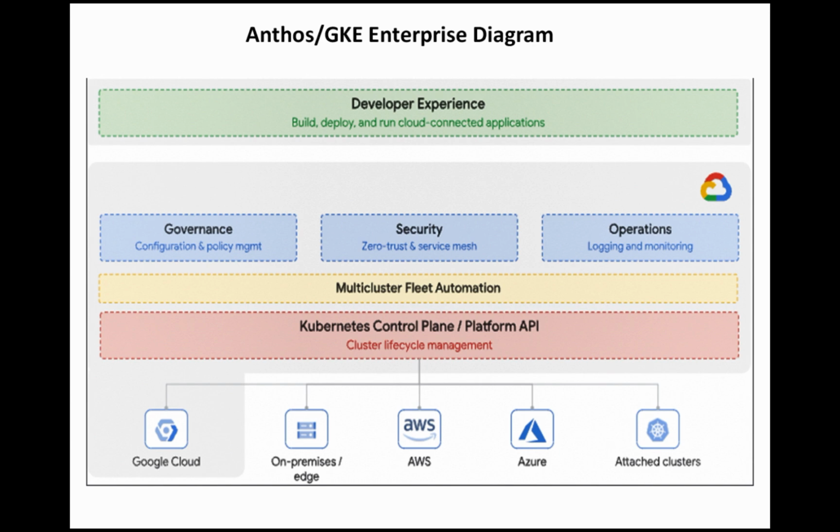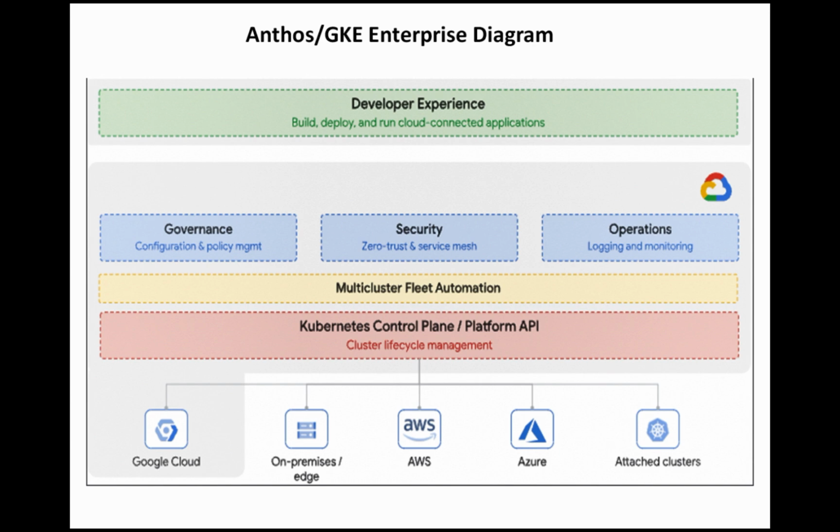And ultimately, at the end of the day, the developers also play a major role in building these microservices, which are going to be part of your Kubernetes clusters, which is part of your fleet. Whatever microservices you deploy have to be built as containers.